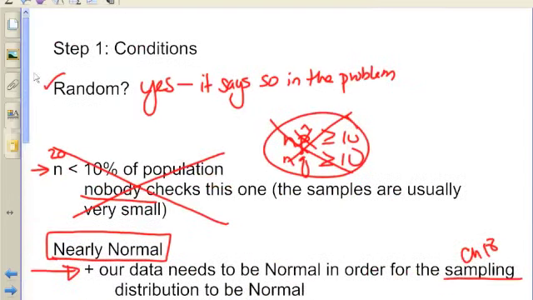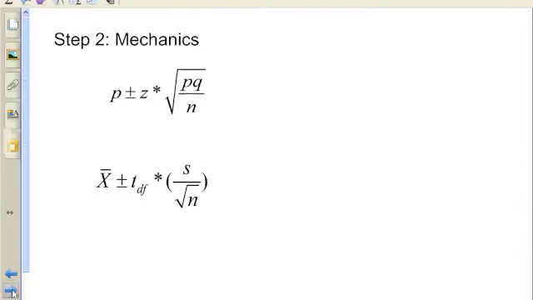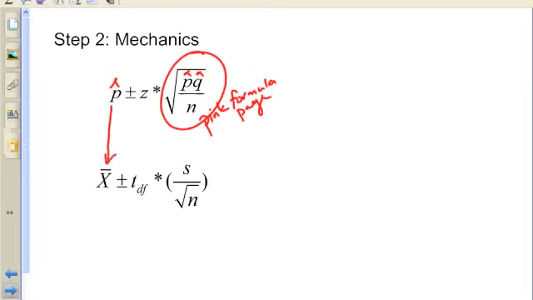Two big conditions we're checking: random, nearly normal. Step 2 is our mechanics. Back in Unit 5, we had this p hat plus or minus z star times that standard error formula. Remember, this comes from your pink formula page. So we're just going to swap some things around. Instead of p hat, I'm using x bar.